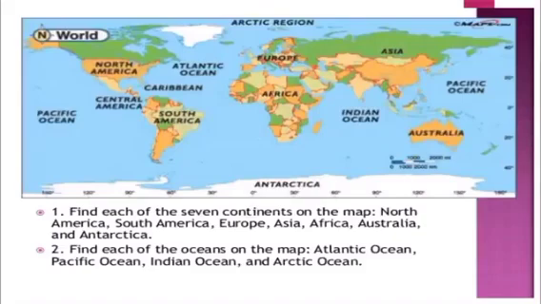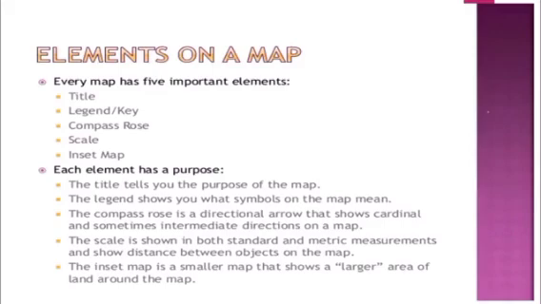First, find each of the 7 continents on the map like North America, South America, Europe, Asia, Africa, Australia and Antarctica. The second one is that find each of the oceans on the map like Atlantic Ocean, Pacific Ocean, Indian Ocean and Arctic Ocean.